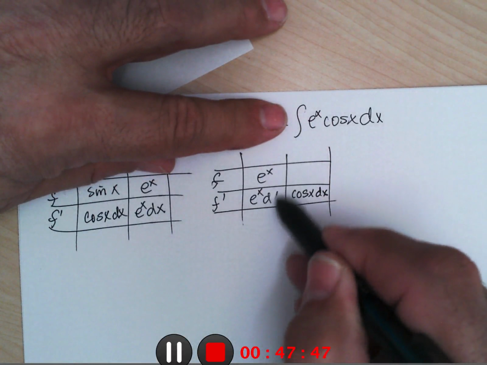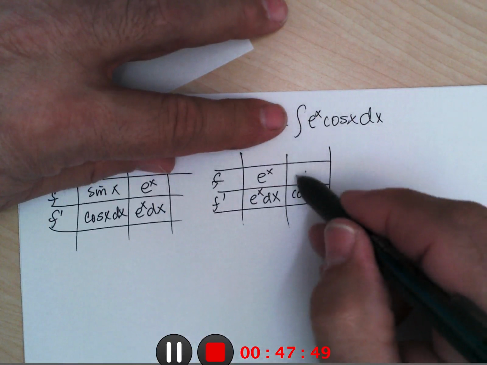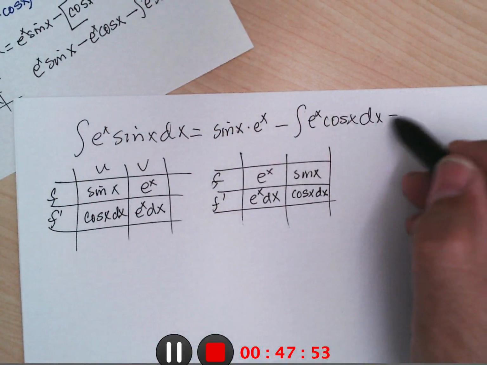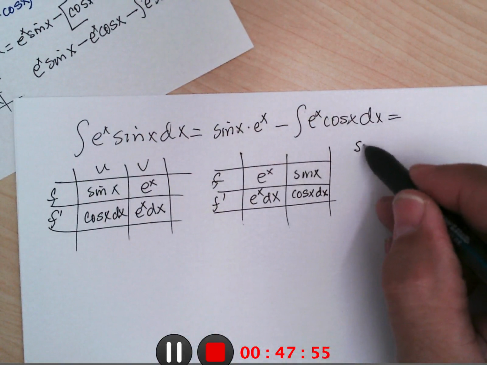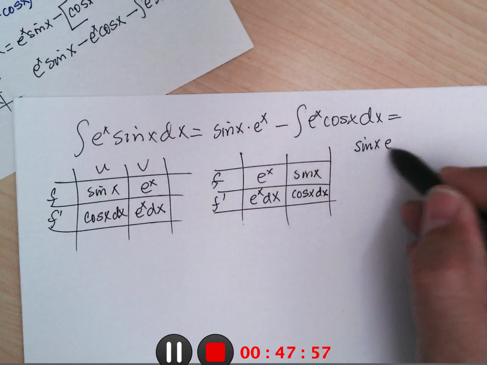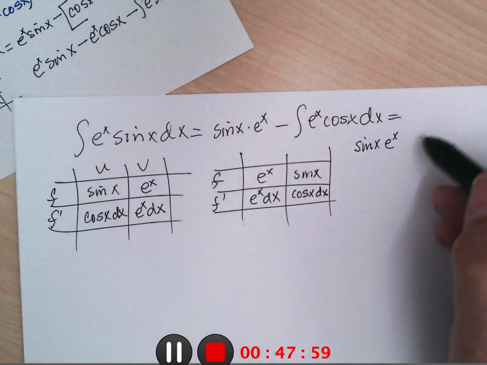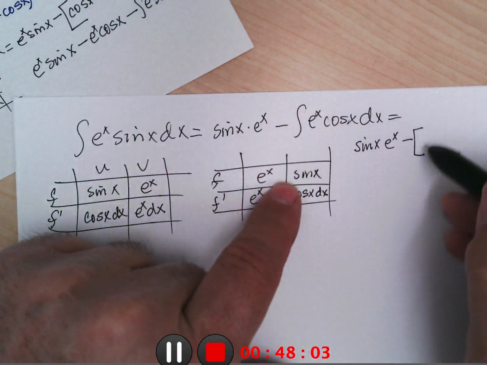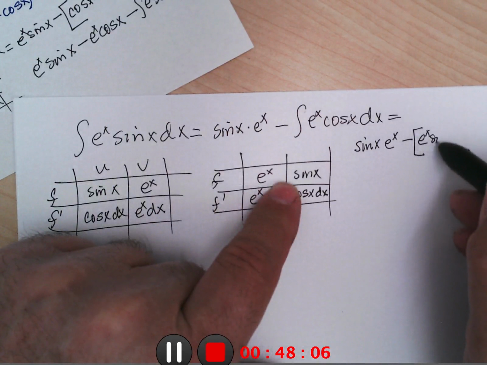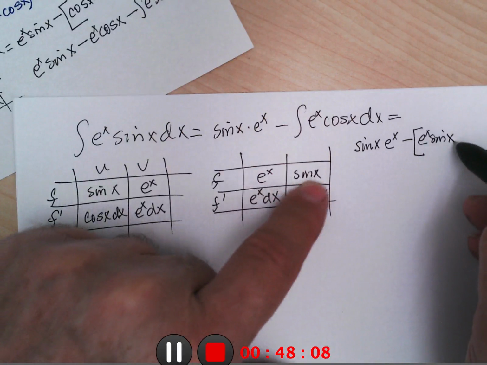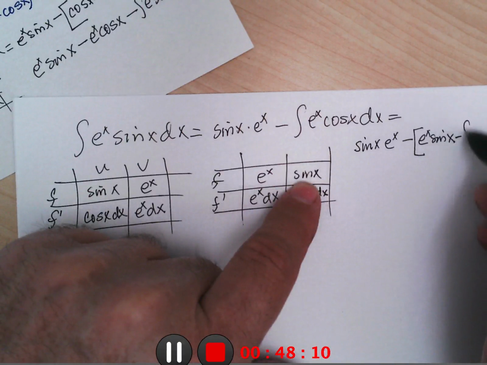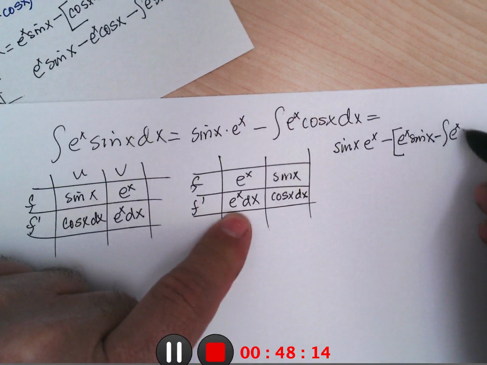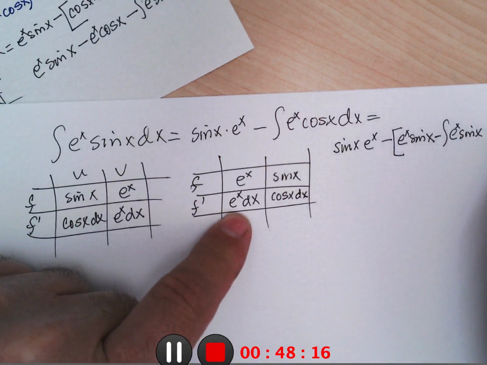The antiderivative here is the sine of x, and this becomes sine of x e to the x minus uv, e to the x sine x, minus the antiderivative of e to the x sine x dx.